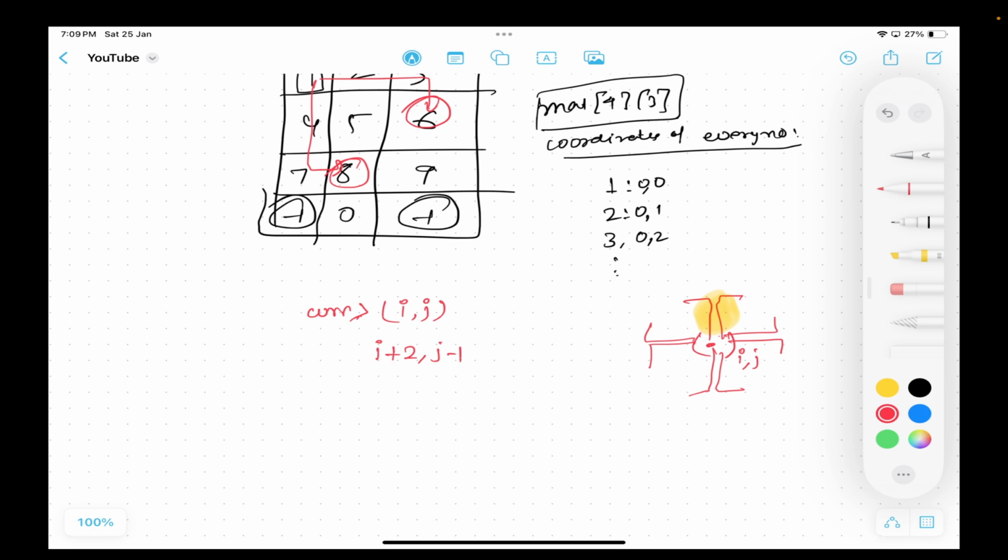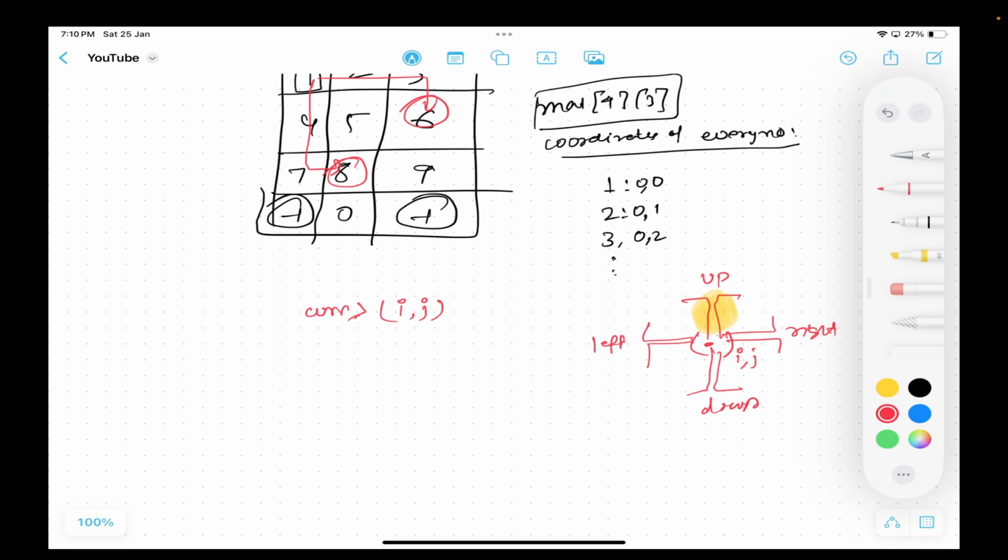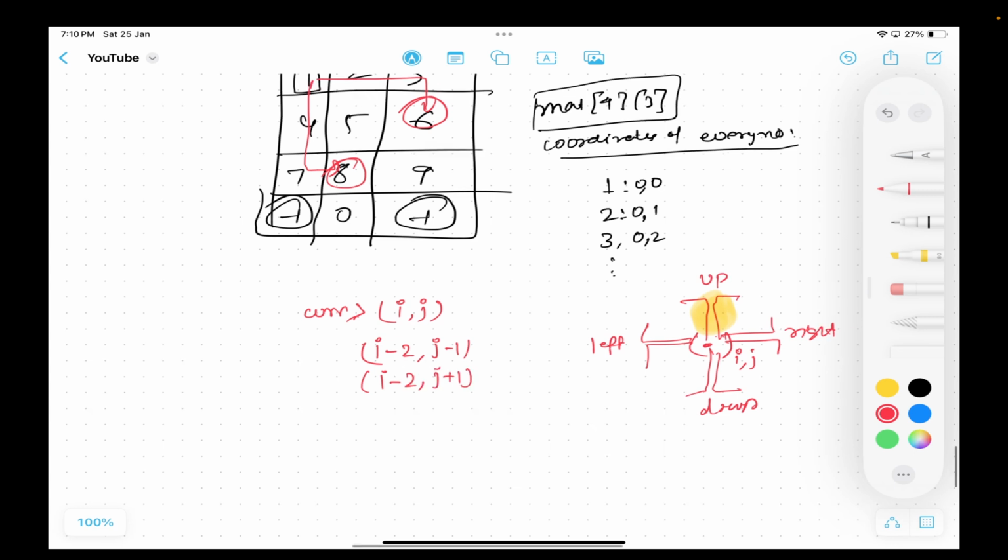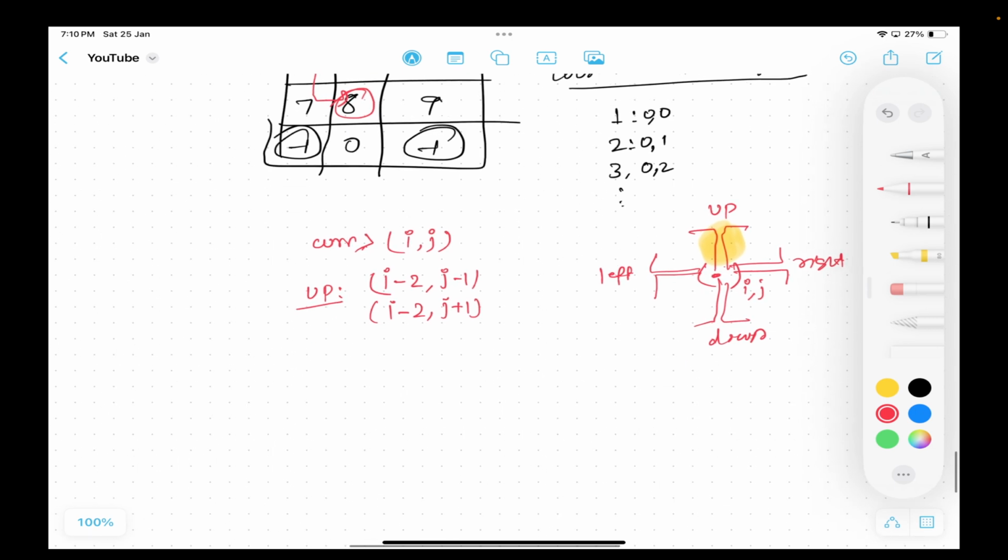Let me write in an ordered manner. This is up, this is left, right and down. In up there are 2 moves: I minus 2 and J minus 1, and I minus 2 and J plus 1. For up, these are the possible coordinates.